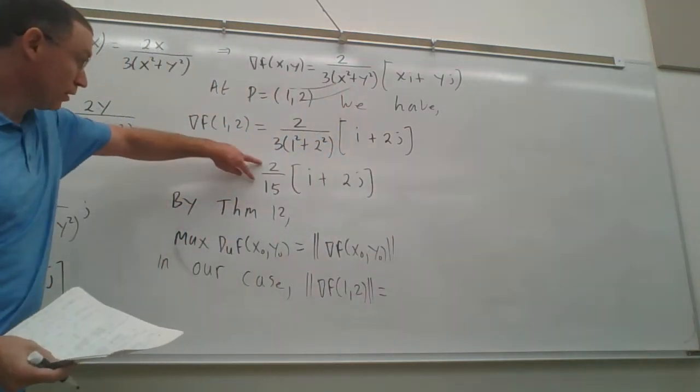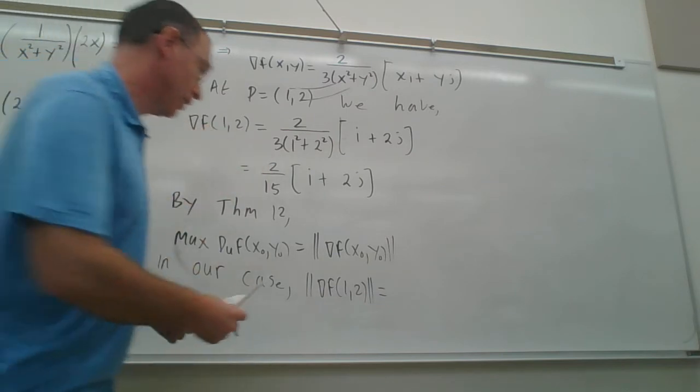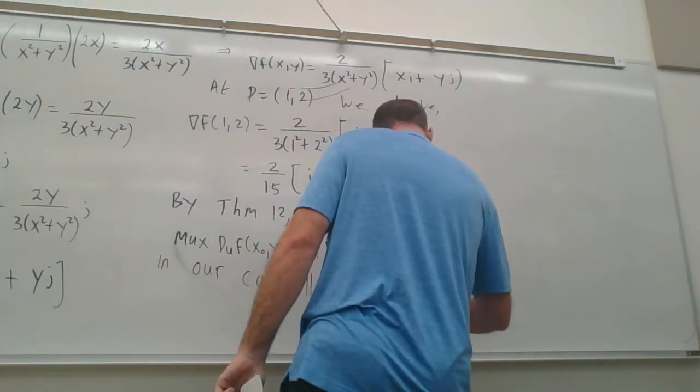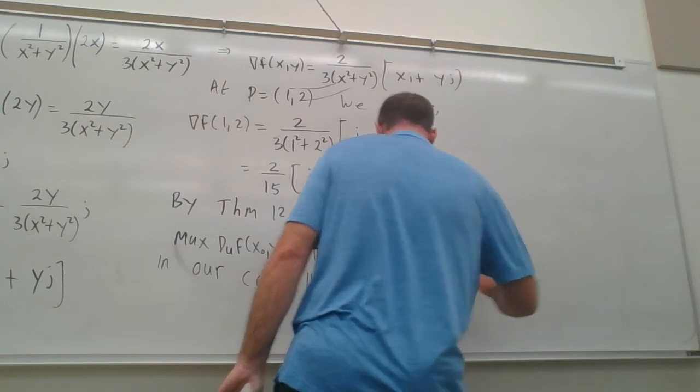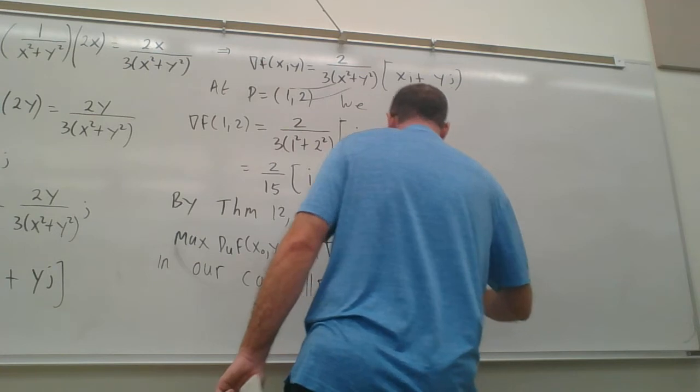So here's our gradient. The 2 over 15 will come outside. Now the square root of 1 squared plus 2 squared.